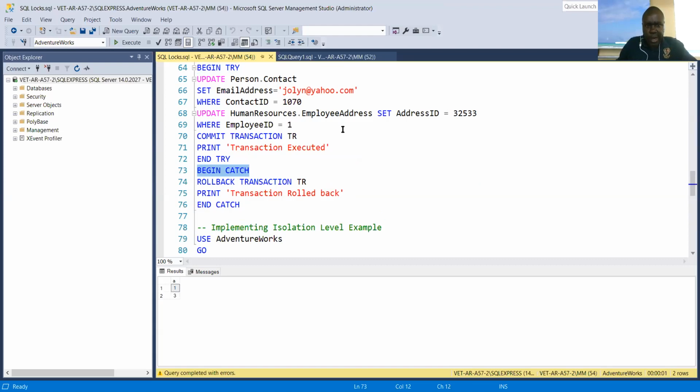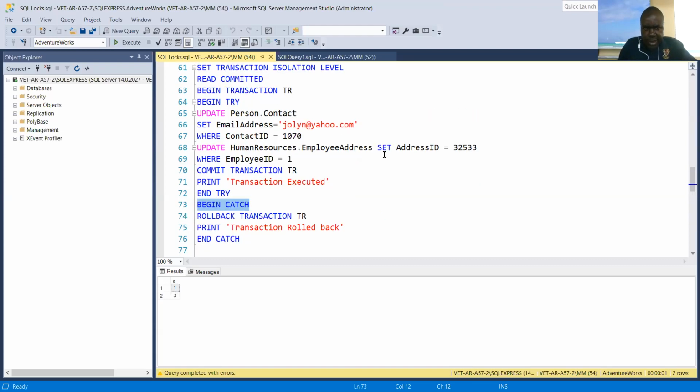Now, I want to just confirm something. I want to check this data. First, let me just check if there is a contact with this address.